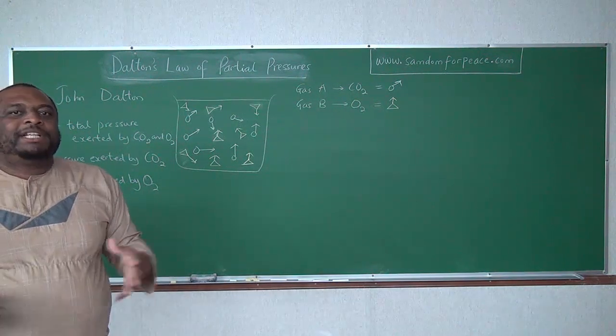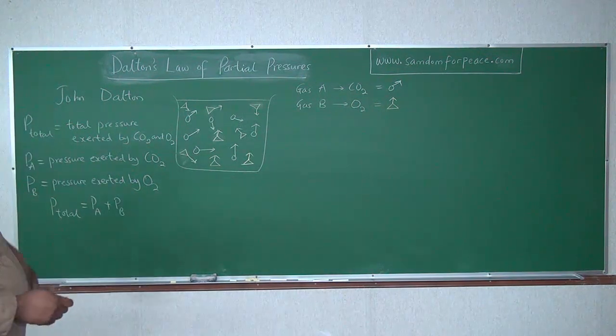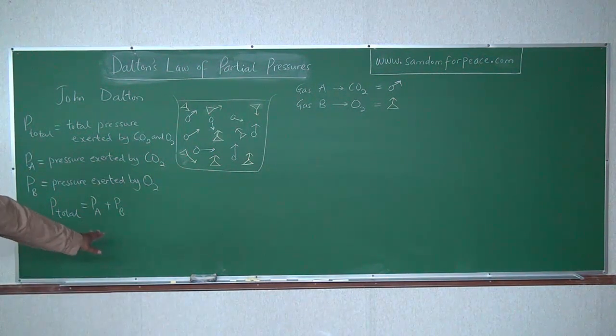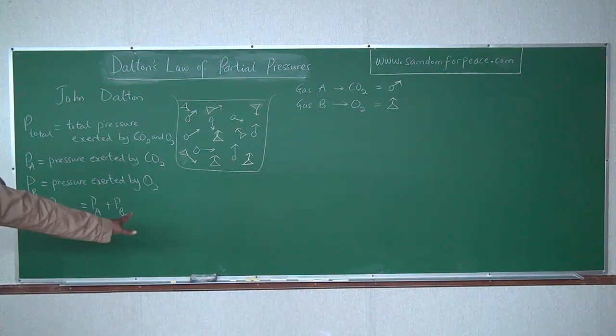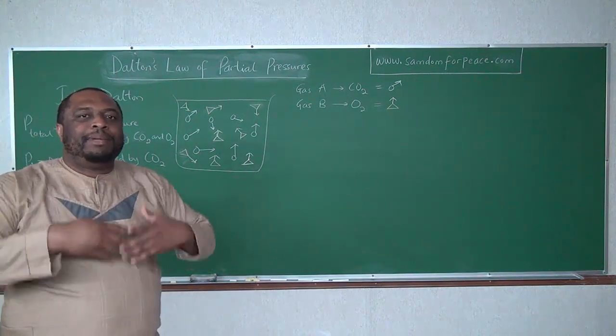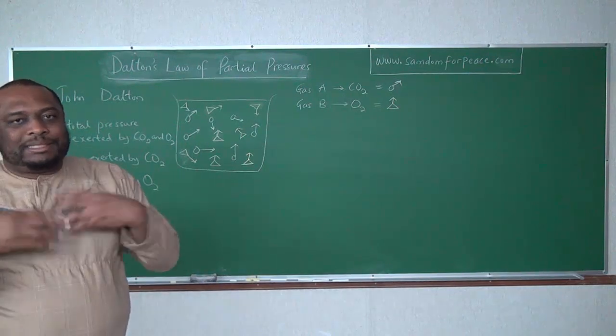It is the sum of the partial pressures exerted by the individual gases in the mixture. So this is one formula. This is the main formula for Dalton's law. And it must not be only two gases. It could be a mixture of as many gases as possible.